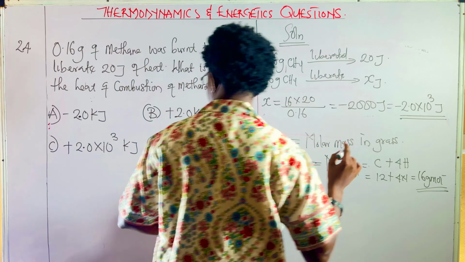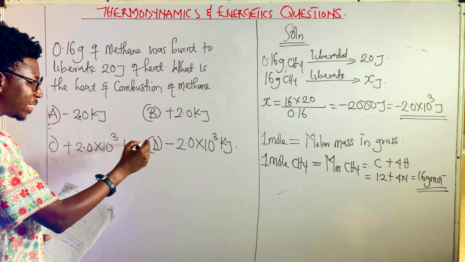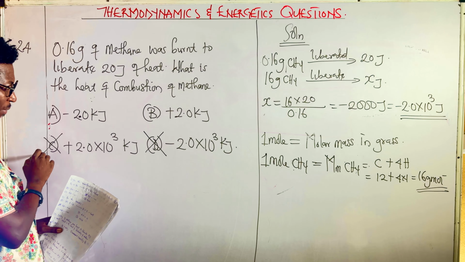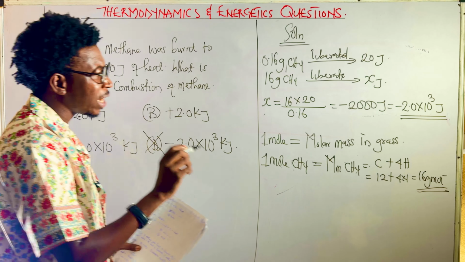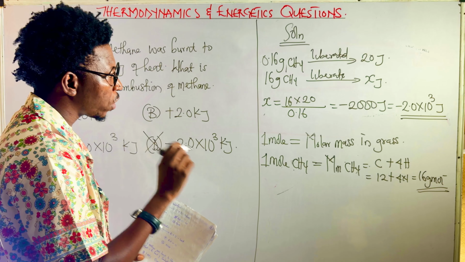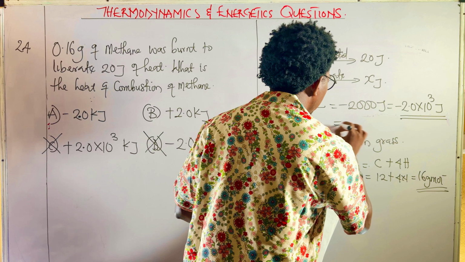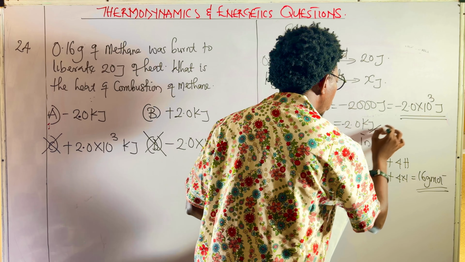Now, is it in the options? You have to be very careful. The answer is not this. The answer is 2000 joules, not 2000 kilojoules. Convert 2000 joules to kilojoules, we are going to get minus 2.0 kilojoules.